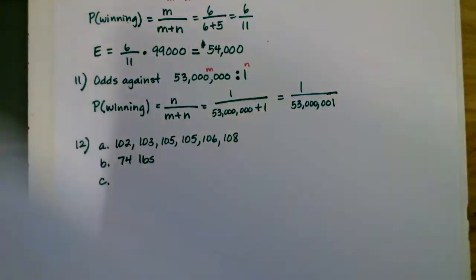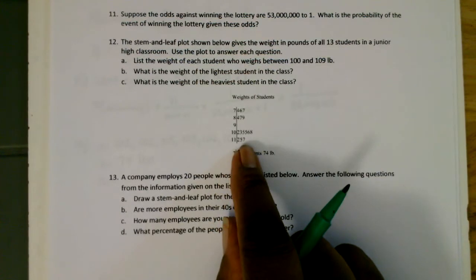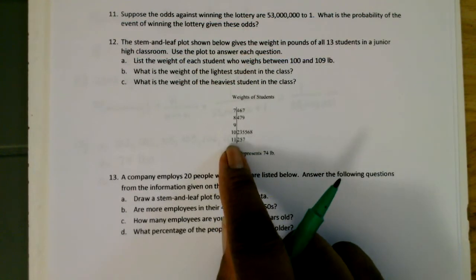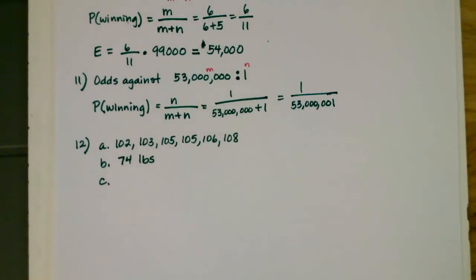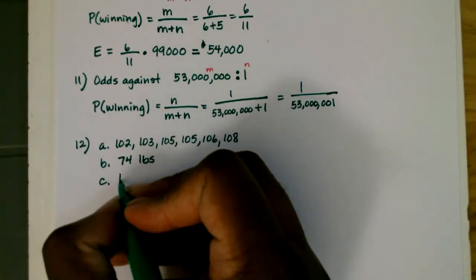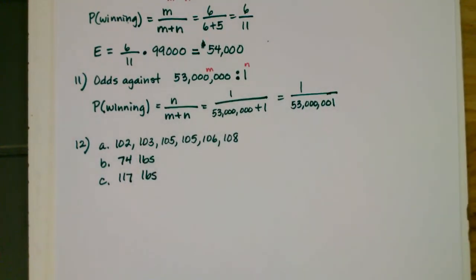In part C, what is the weight of the heaviest student in the class? Well, we go down to 11 and find the largest leaf in 11, that's 7. So that's got to be 117. So the heaviest student in that class will be 117 pounds. All right.